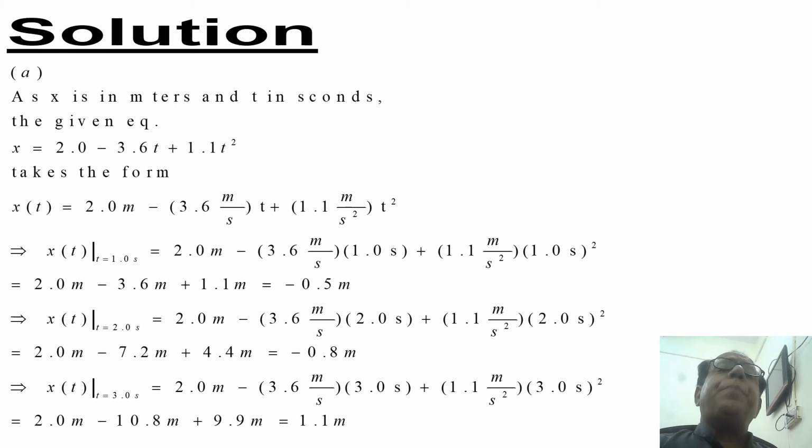Because, dear students, second will be cancelled with second, and second squared will be cancelled with second squared, and x(t) at t equal to 1.0 second will alternatively become equal to 2.0 meter minus 3.6 meter plus 1.1 meter, and this will become equal to minus 0.5 meter.